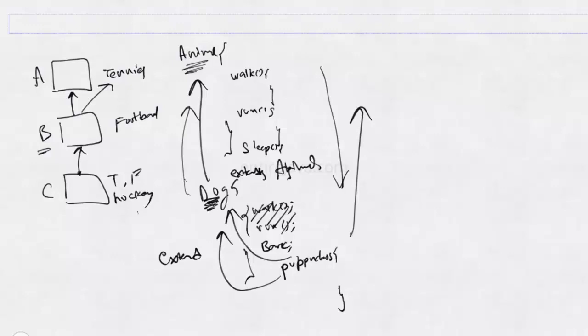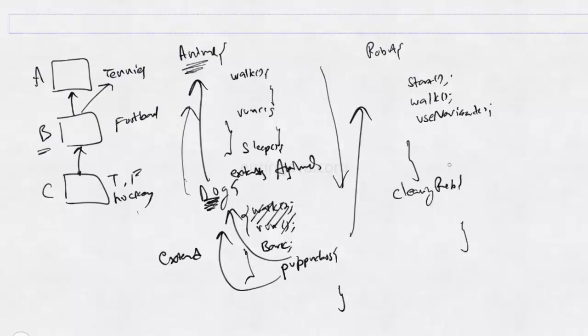Hope that's clear. Let's take a look at one last real-world example. Let's say we have a robot class. Then it can have methods like start, walk, use navigation, something of that sort. Now we can have another class which is a cleaning robot, and it will extend the behavior from the robot class.